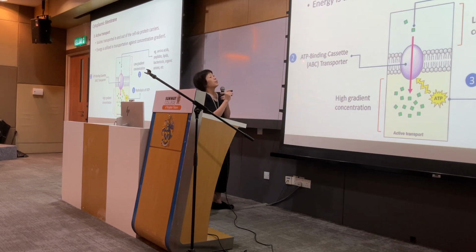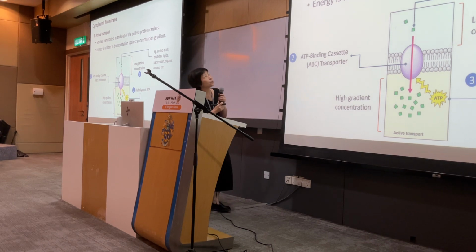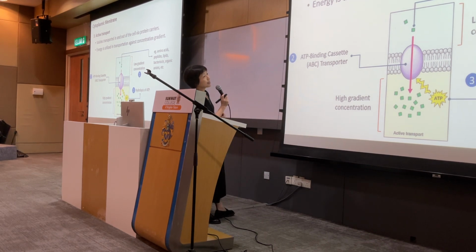And of course, they also require a protein channel. The example here is the ABC transporter, which can transport molecules such as amino acids, peptides, lipids, bacteriocin, which is used to kill bacteria, and organic anions like cyclic AMP or cyclic GMP.